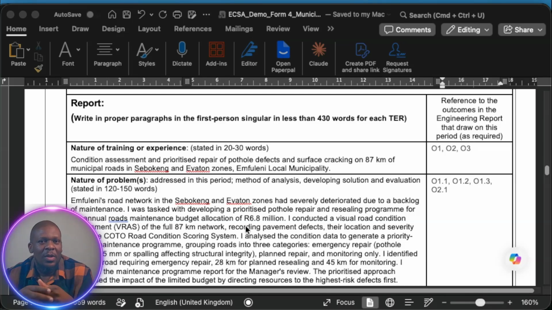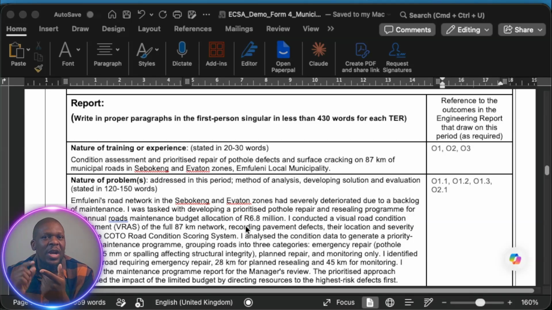What will you do? You will conduct a visual road assessment or a visual road condition assessment for the full network. Why? For you to be able to know what kind of repairs you need to do, you need to perform an assessment. You are now outlining the method of analysis. How are you analyzing the information? How do you gather the information?